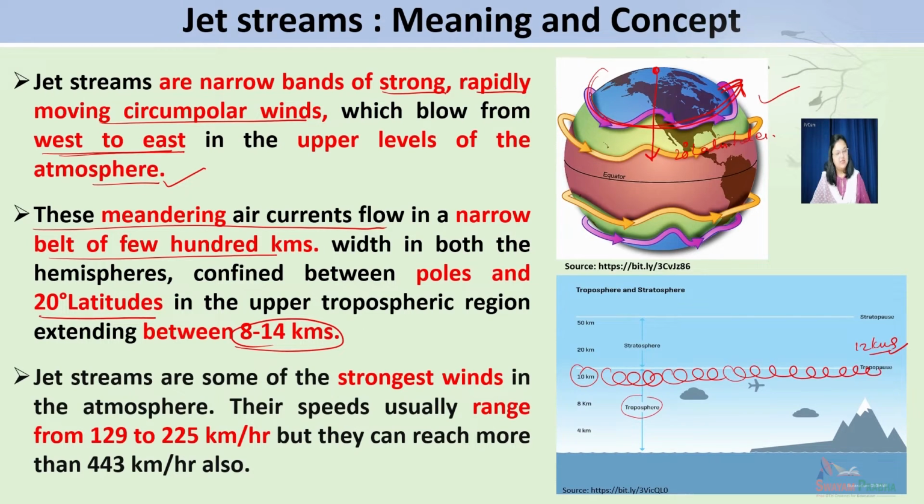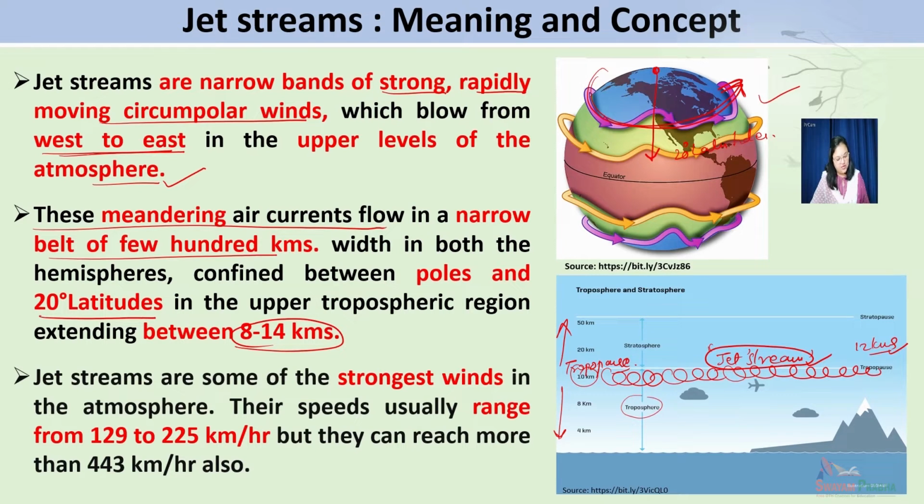We have discussed in the initial lectures that the upper limit of the troposphere is tropopause, which separates the stratosphere from the troposphere. And these jet streams blow in this particular boundary zone of the stratosphere and troposphere regions along the tropopause limit of the troposphere.